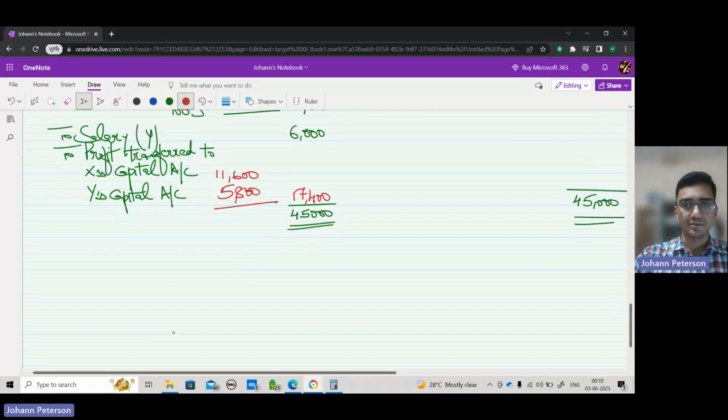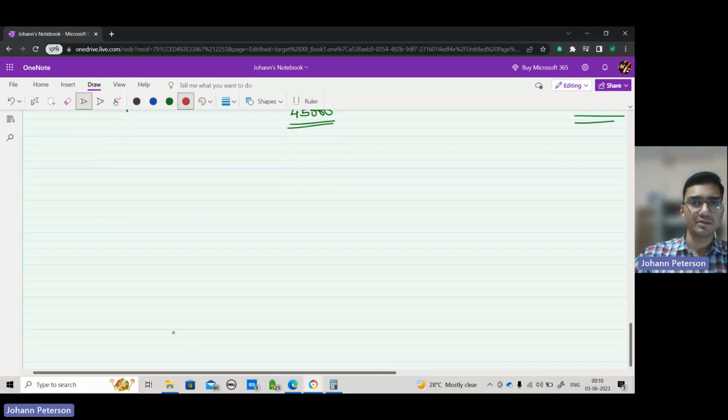Now it also asked us for a partner's capital account. So in the same way, we'll just make this quickly. Partner's capital account.